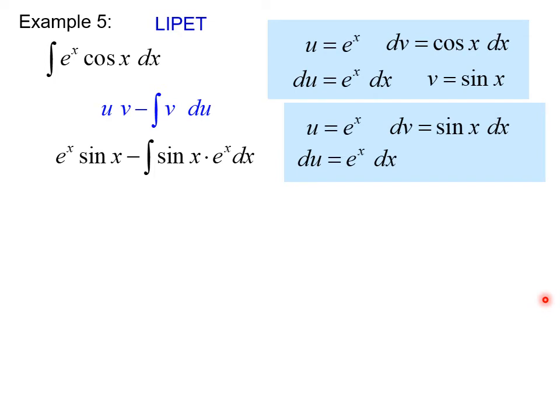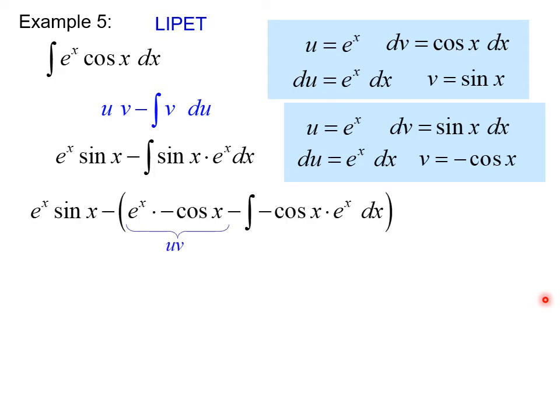We again choose u equal e^x and dv equal sine x as we did before, and see what we get. So we get here negative e^x cosine x, and the integral of e^x cosine x. So it's again another integration.